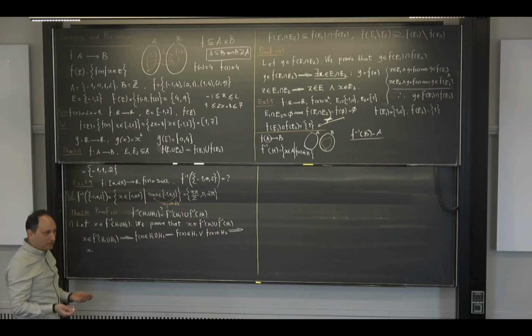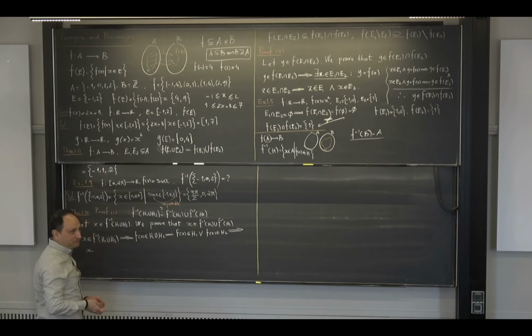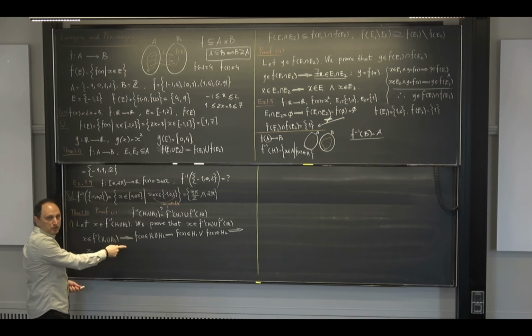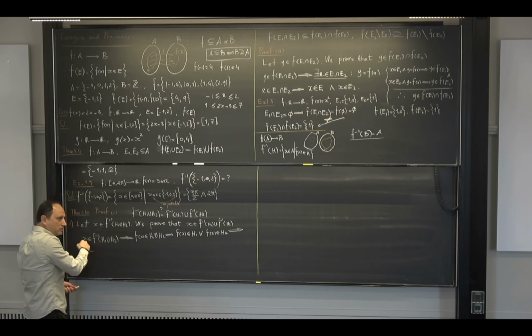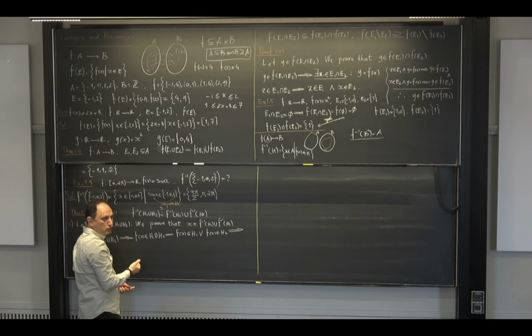It is in the domain, yes, but more restricted. I hope that you are not confused. So is this step clear? That's the definition of F inverse. When you say X is in F inverse, it means when I apply F on X, I will find myself here. That's the definition. And from here to here is just the definition of the union.